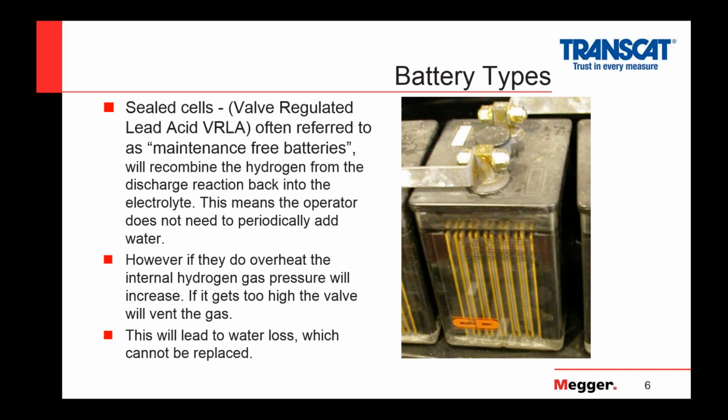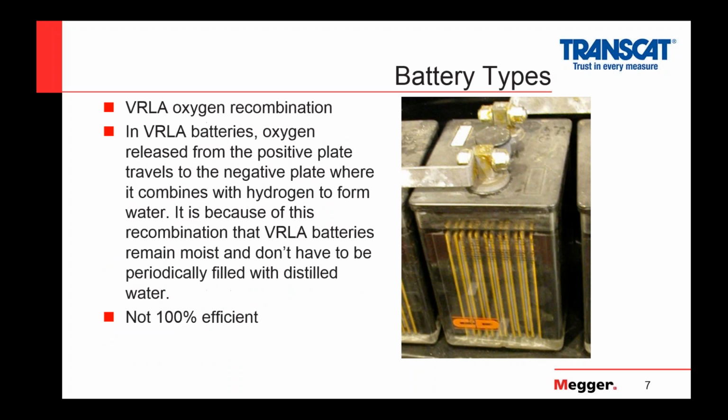However, if they overheat, you can end up with higher internal pressure in there that will cause a venting of hydrogen. And this is what the valve is for. If the pressure gets too high, you will vent hydrogen gas. Now, with these types of batteries, you cannot add water to them. So if they get in a situation where they get too hot and they vent hydrogen, that electrolyte level is permanently low. You cannot add water back to it.